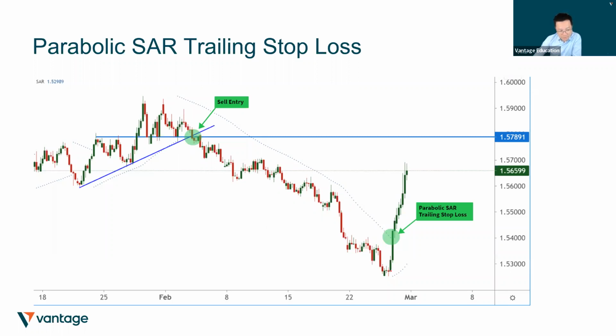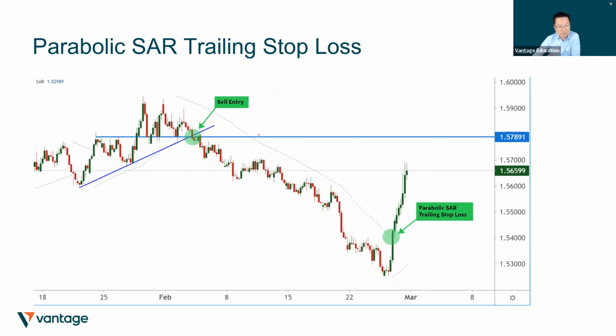And then after that, price came up and hit. So you can imagine that the dot was right there. Price hit the PSAR, the dot appeared below the candle, and that shows us the momentum of price has changed from moving down towards moving upside. Because of that, you can also apply your trailing stop loss based on the parabolic SAR.